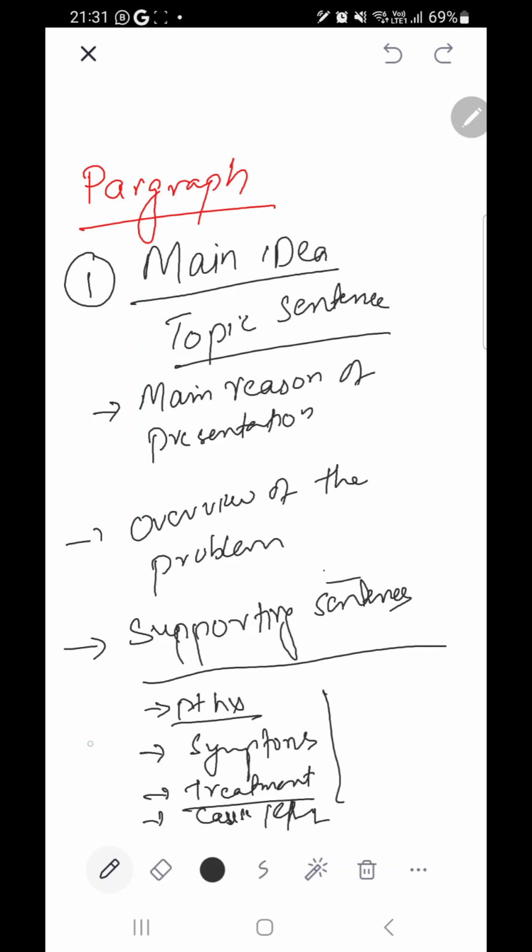Remember that all this information will be written in the case notes. So you have to transform it. Do not use the words that are written in the case notes. What I mean by that is, let's say we have a word such as complain.